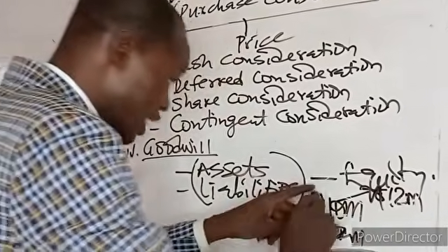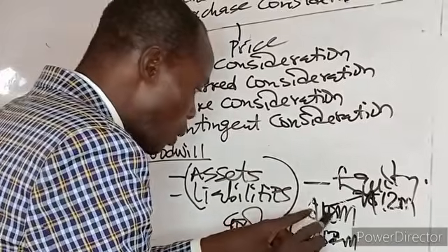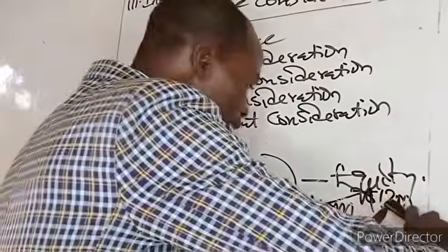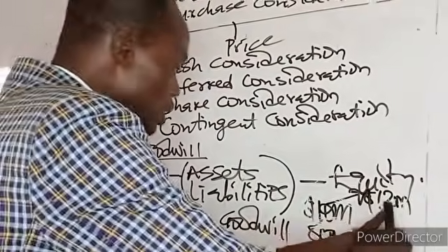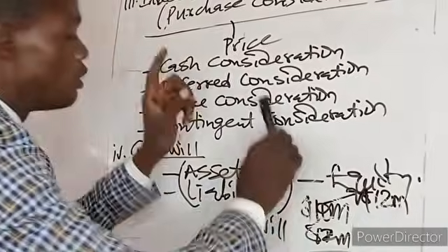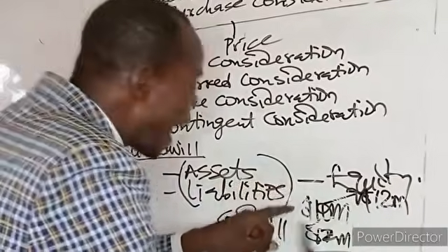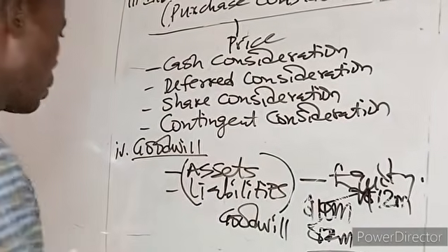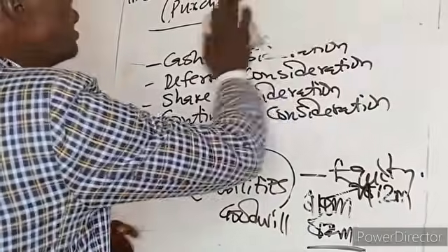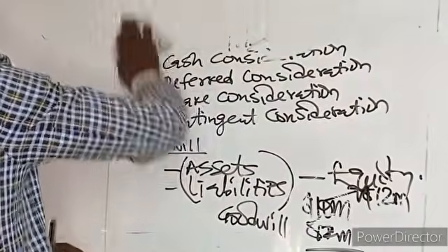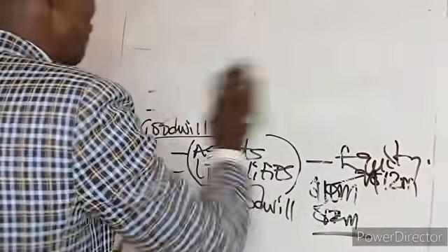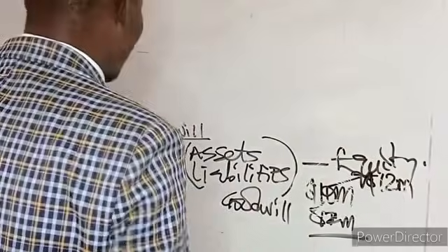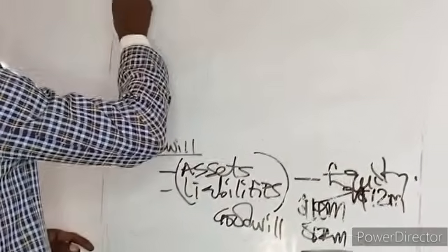The actual worth of the equity is its fair value. The price paid is 12 million. That is why I said goodwill is the excess of purchase consideration over the fair value of the net identifiable assets acquired.